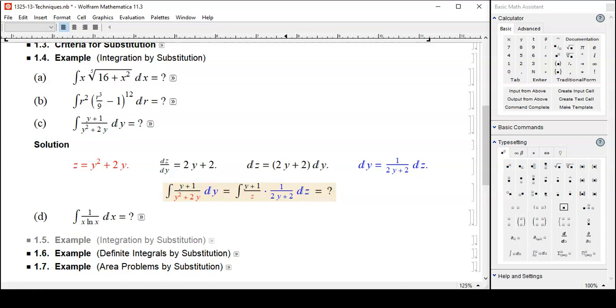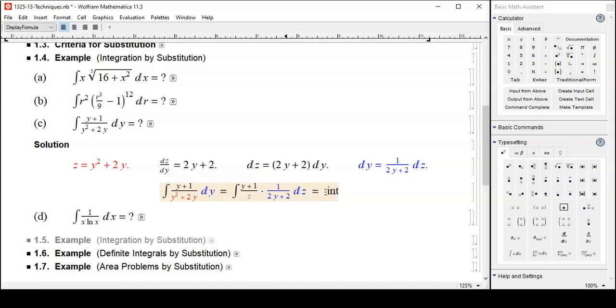Okay, do you see a simplification here? Do you see this y plus 1 and 2y plus 2 somehow simplifying each other? You should. After all, the purpose of all the substitution is to get simple integral. 2y plus 2 is twice of y plus 1, so this entire thing becomes this.